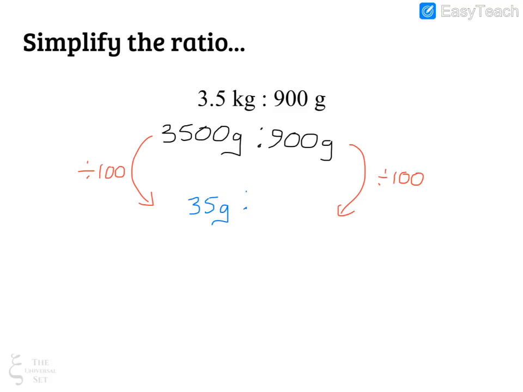And over here, 900 grams divided by 100 is 9 grams. So one more thing to check then: is there a common factor between 35 and 9? And no, there's not. So that is me done with this question. When I simplify the ratio 3.5 kilograms to 900 grams, I get 35 grams to 9 grams. There we go. That's my simplified ratio.